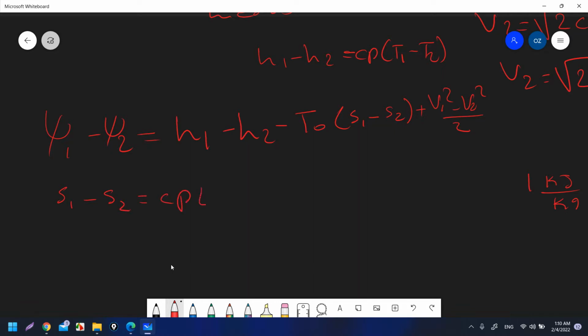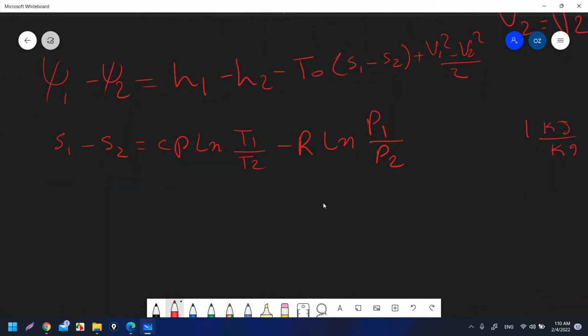The equation is Cp ln T1 over T2 minus R ln P1 over P2, and we know that R, I don't have any table for the combustion gases, so I have to use the trick that we talked about at the beginning of the question and in the previous questions. So R is equal to Cp minus Cv, and k is equal to Cp over Cv.